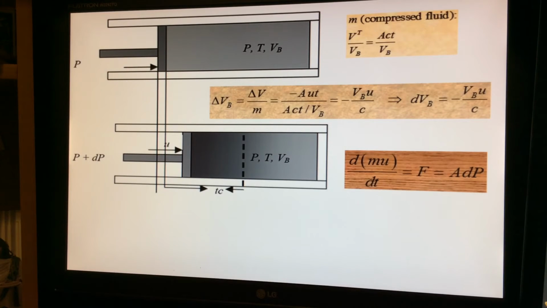The area in our case is obviously a constant area, times the differential pressure of the system here. So the force is simply area times pressure, except that the pressure is in a differential notation.